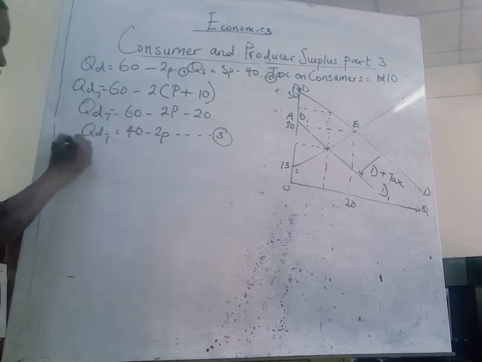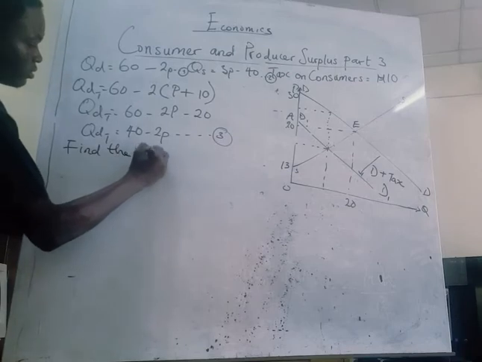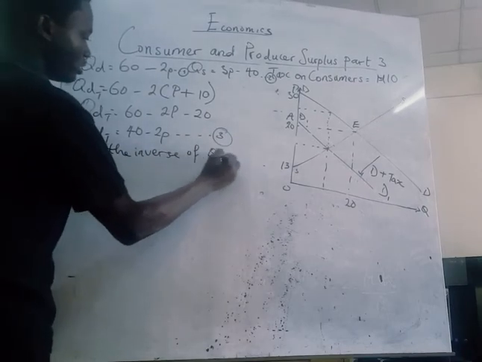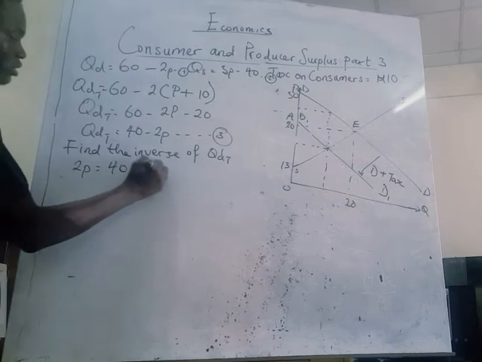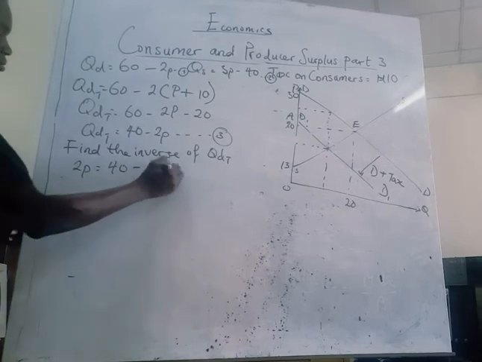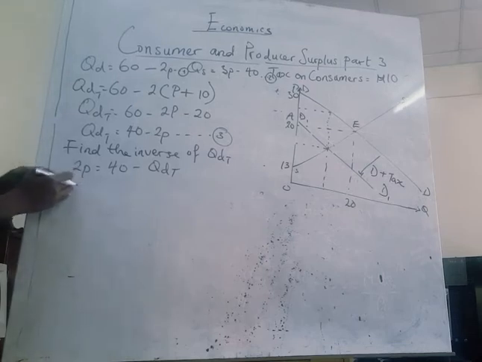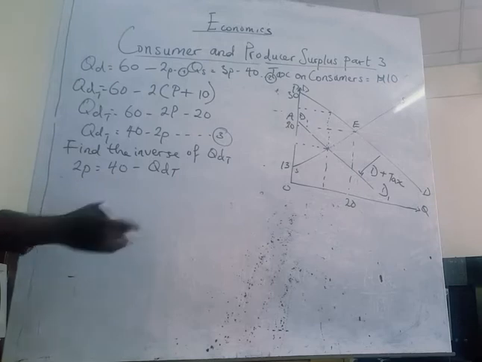So here we have to find the inverse of Qdt, of this function. What we have now is 2p equals 40 minus Qdt. We are doing this because we are going to equate this with the inverse of the initial supply equation.